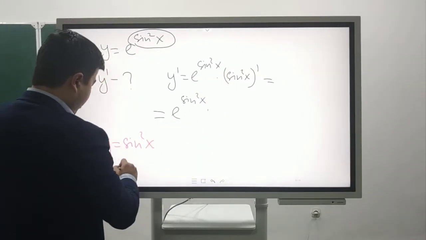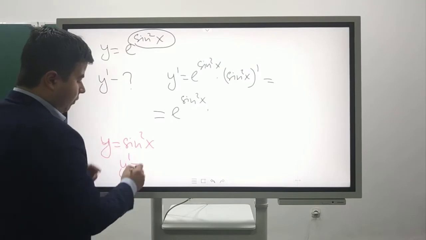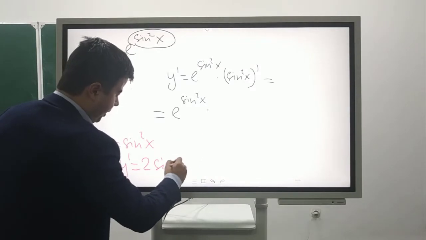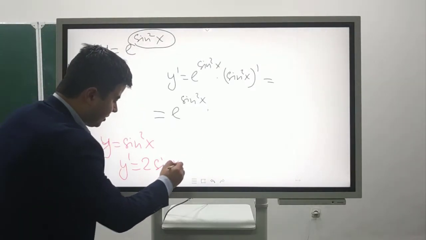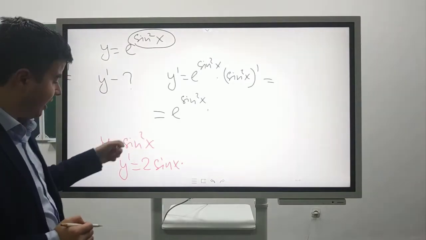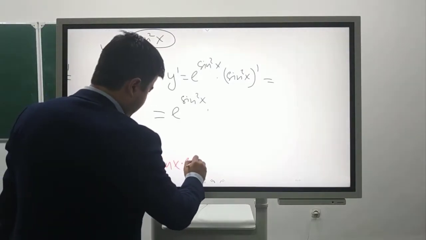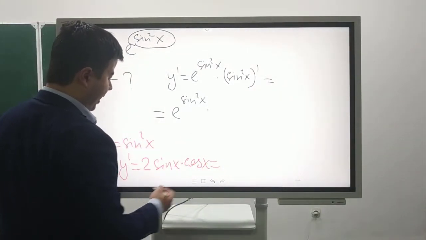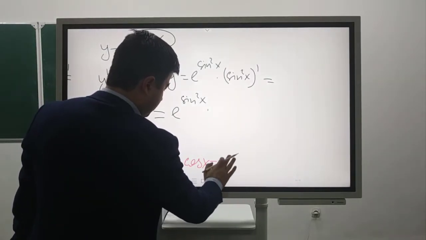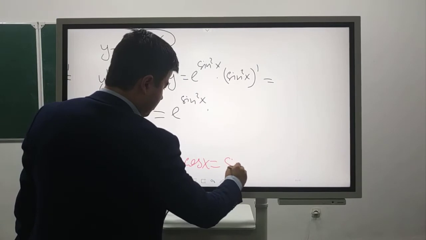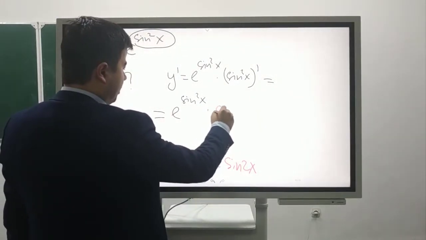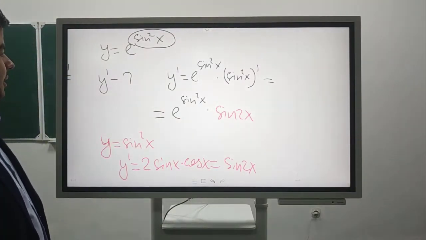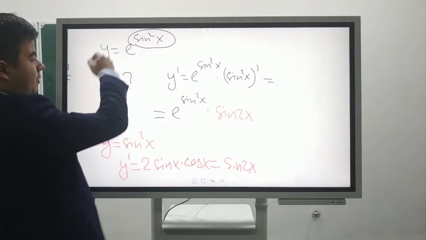One more time, y prime: the derivative of the power function is 2, here 2 minus 1 is just 1, so 2 sine x, times the derivative of the second function, sine x, so it is cosine x. Or if we use trigonometric identities, we have sine 2x. So here we have sine 2x. This is the derivative of the given function.